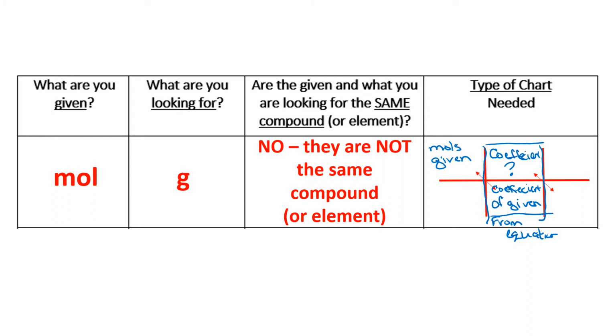Then we have to convert the moles of what we're looking for to the grams of what we're looking for. So now we put 1 mole here, and then the molar mass of what we're looking for here, to convert the moles of our unknown to the grams of our unknown.